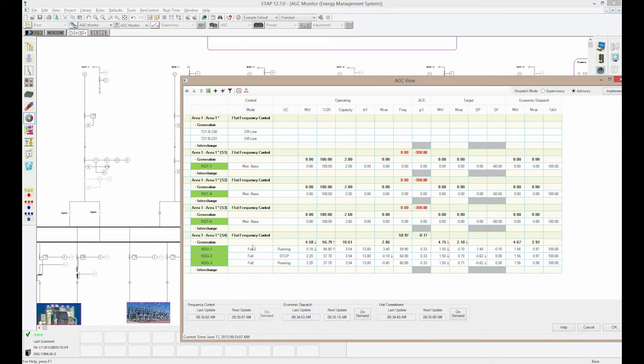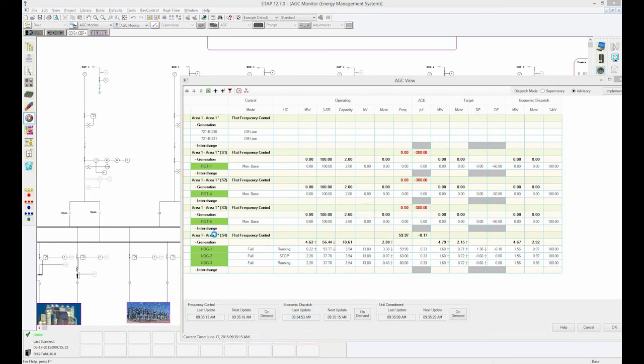Now, within each area, you have the capability to double click on any of these areas in the system and actually change the control strategy of the area itself. So right now I've set this area to frequency control, which means I don't really care about the tie line flows in the system, because in this network there aren't any.